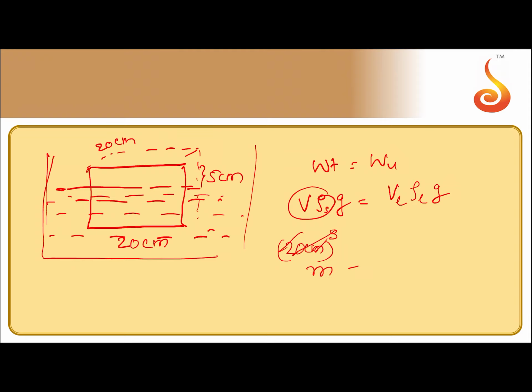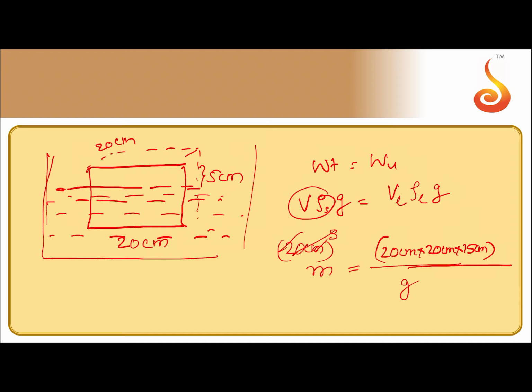M is equal to volume of the liquid displaced. What's the volume of the liquid displaced? Volume of the liquid displaced is volume of the solid inside. What is the volume of the solid inside? Volume of the solid inside is 20 centimeter into 20 centimeter into 15 centimeter. Correct? How?